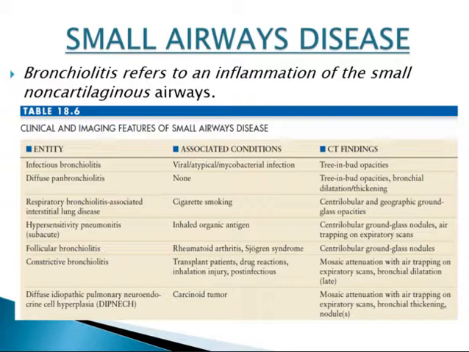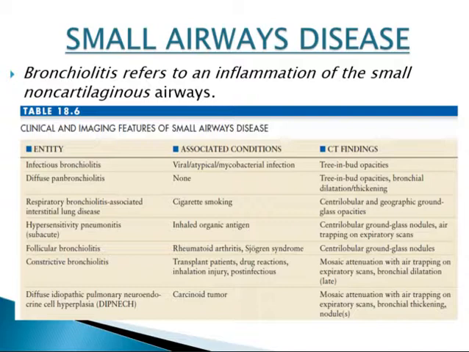Bronchiolitis is inflammation of the non-cartilaginous airways, the smallest, most distal airways, which don't have cartilage. Regardless of the cause, in all of them what you will see is the tree in bud appearance.